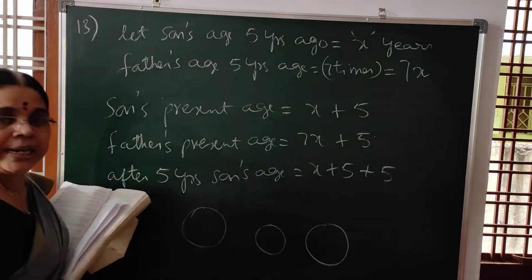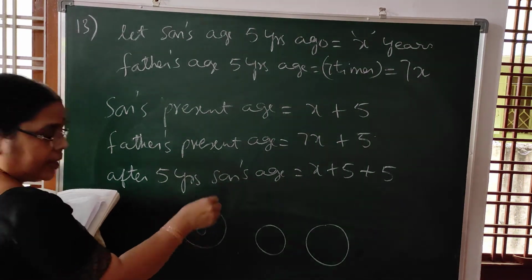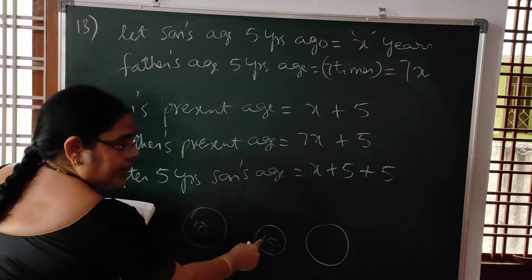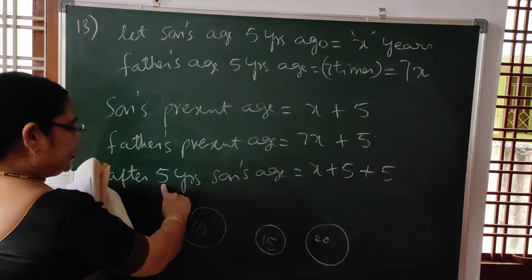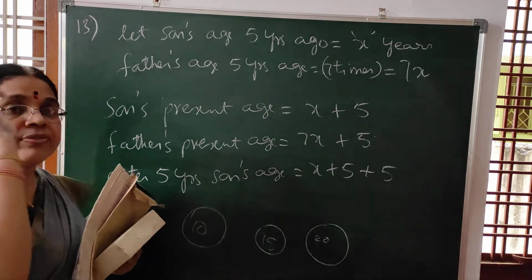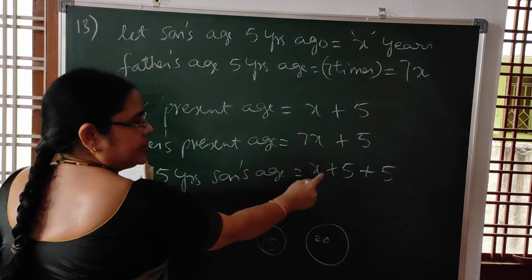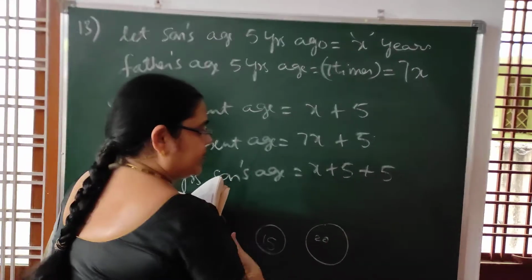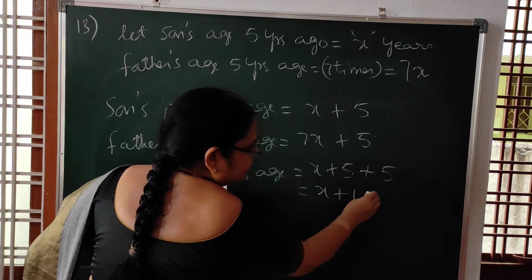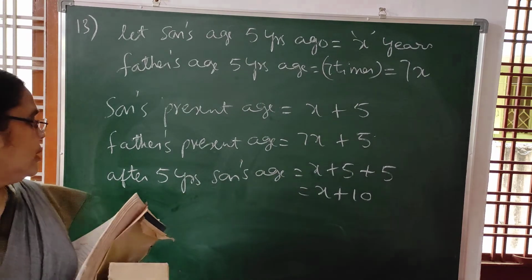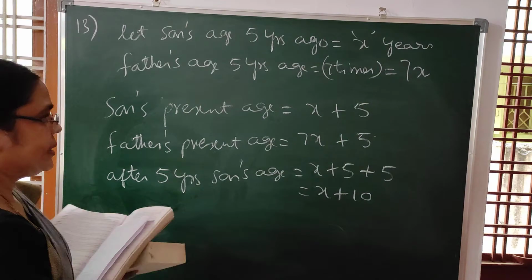After 5 years he will be how much? So 5 years back, suppose this boy is 10 years. Now he will be 15 years. After 5 years, 15 plus 5 becomes 20. So this fellow's age: his present age is x plus 5. After 5 years he will be plus 5. So this is equal to x plus 10. Son's age after 5 years is x plus 10.